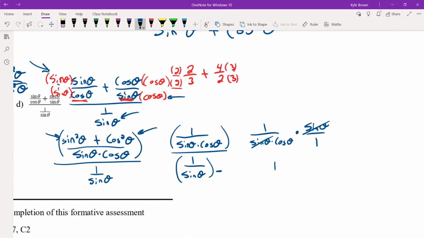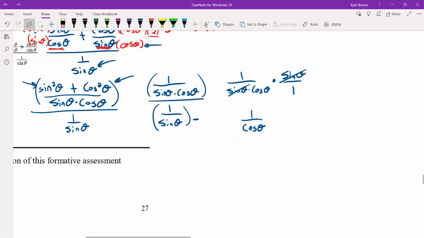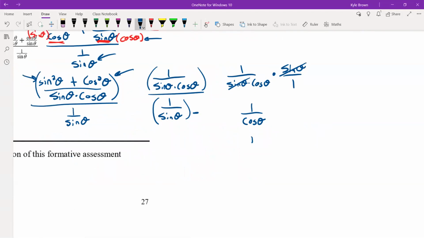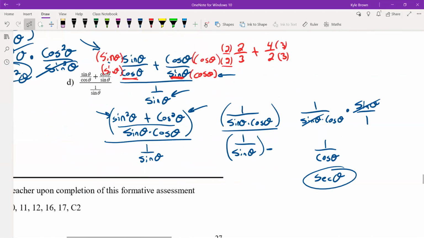In the end, this is the same thing as 1 over cosine theta, which is just secant theta. Phew. Well, there you go. See, all of that mess simplified down to just secant theta in the end.